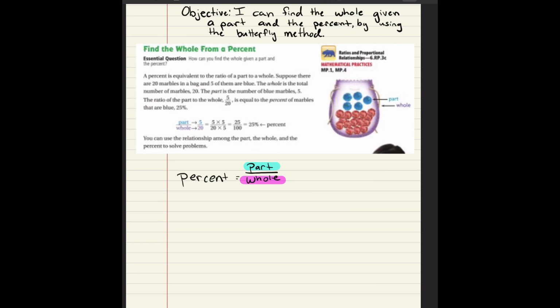And since a part over the whole is a percent, that means our percent is per 100. So then our whole will always be 100 on the bottom. For example, 25%. If we look at a pie graph, let's say that this is 25% of this pie graph.